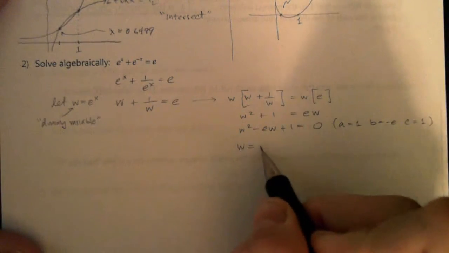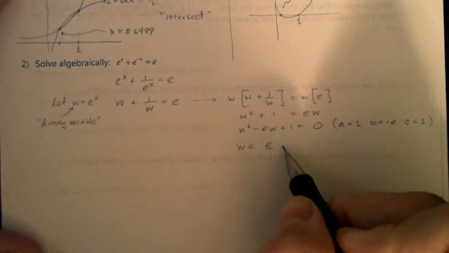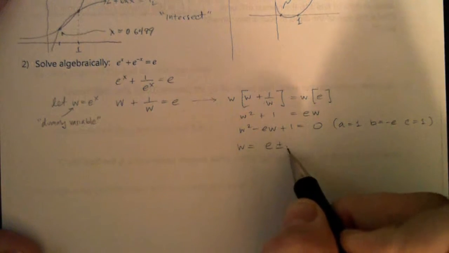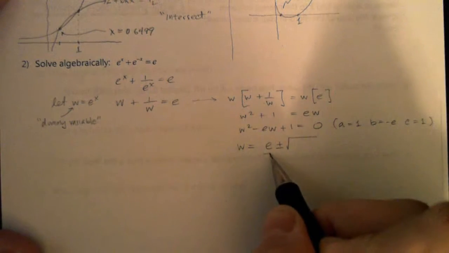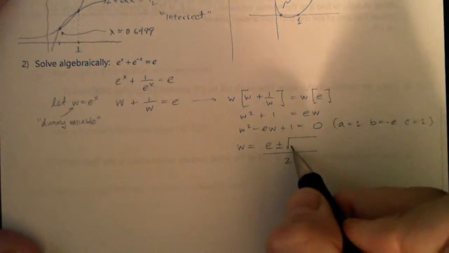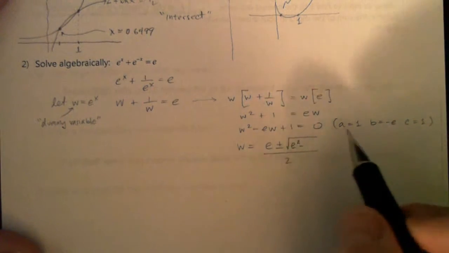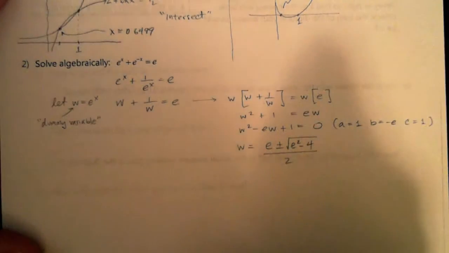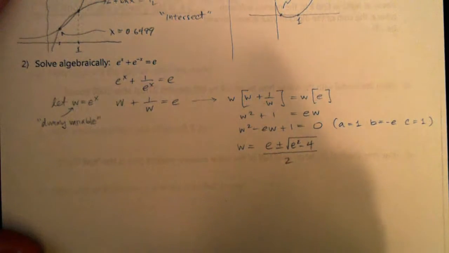And so according to the quadratic formula, we get the opposite of b, which is the opposite of minus e, plus or minus the square root of some stuff, all over 2a. b squared is e squared. 4ac is 4. So we get our solutions for w in this case.